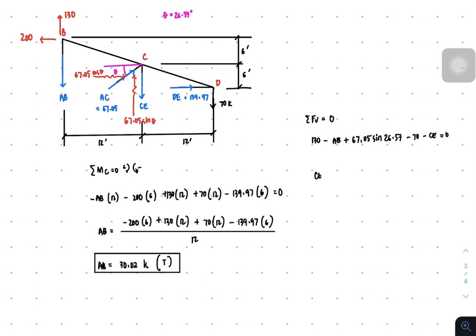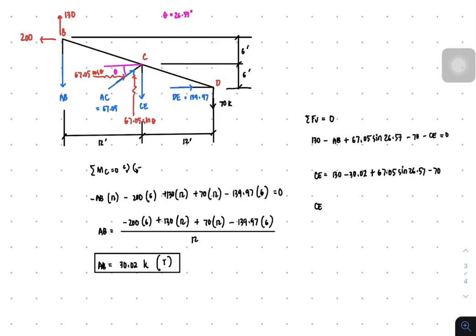Transposing this to the other side, it will become positive, and that's equal to 130 minus AB, which is 30.02, plus 67.05 sine of 26.57, and then minus 70.